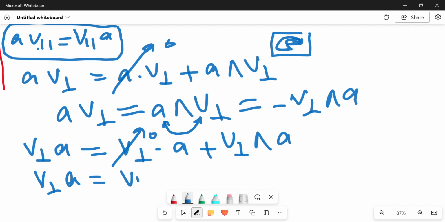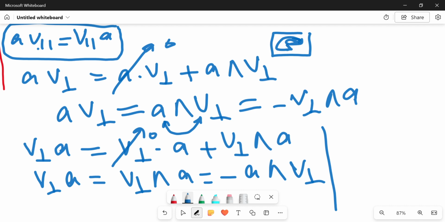So again V perpendicular A is equal to V perpendicular wedge A, which is minus A wedge V perpendicular. This is another very important fact.